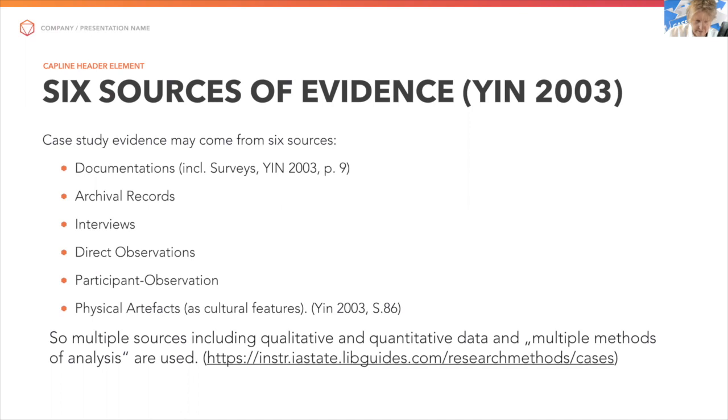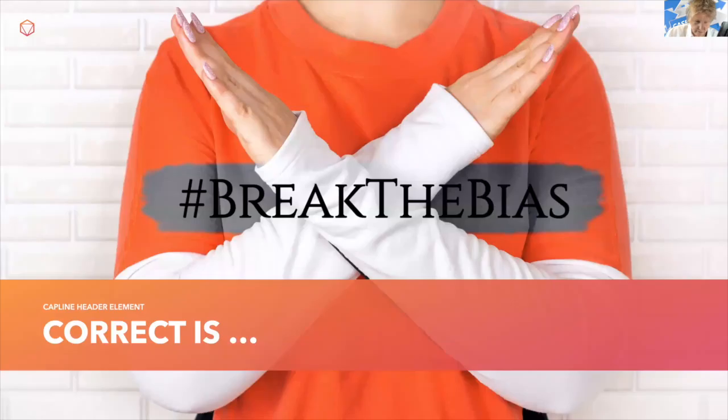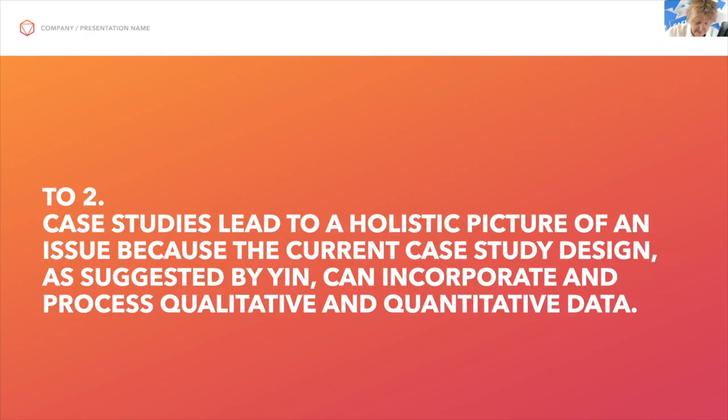Sources of qualitative and quantitative data and multiple methods of analysis. So, correct is, case studies lead to a holistic picture of the issues because the current case study design, as suggested by Yin, can incorporate and process qualitative and quantitative data.